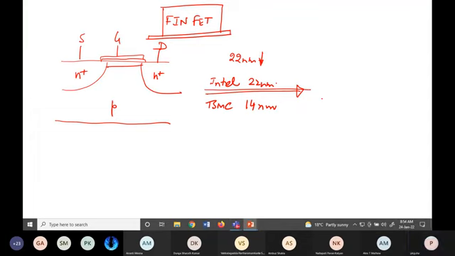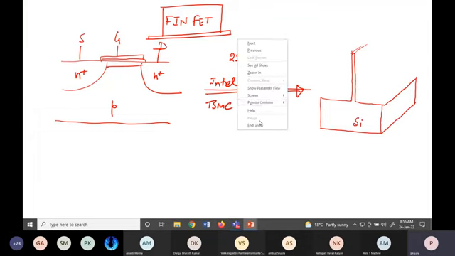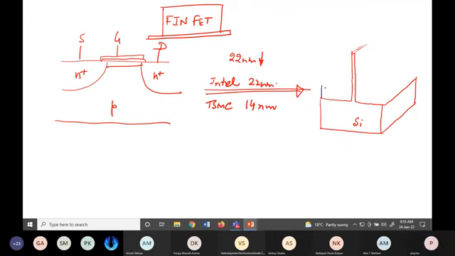So this is my silicon, and say this is my oxide.